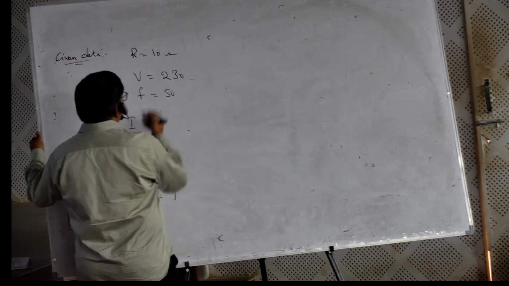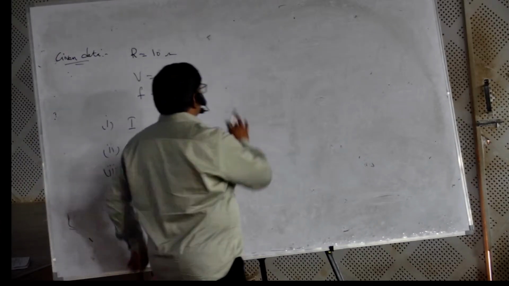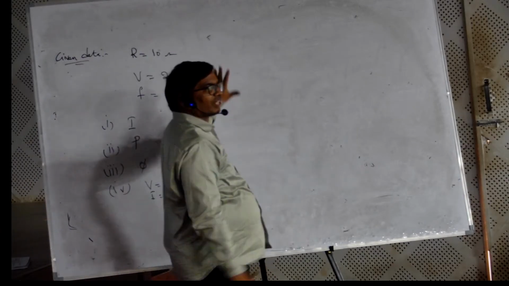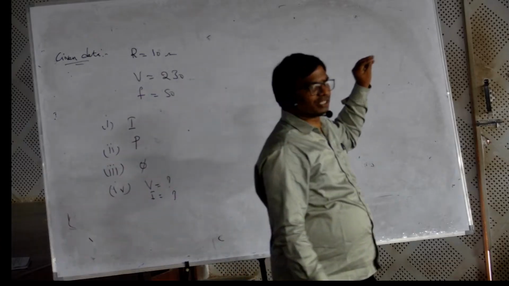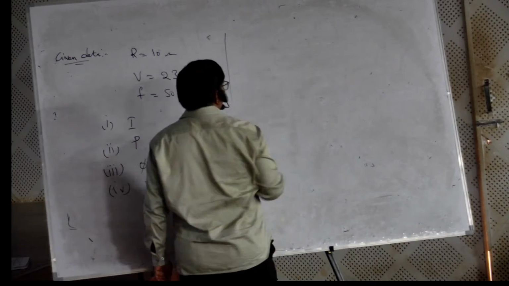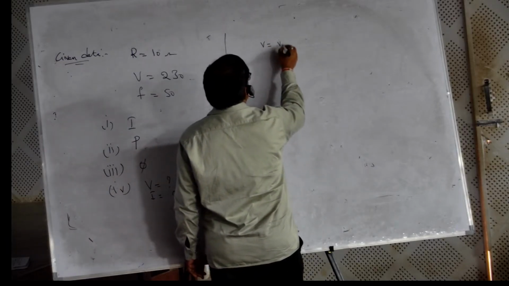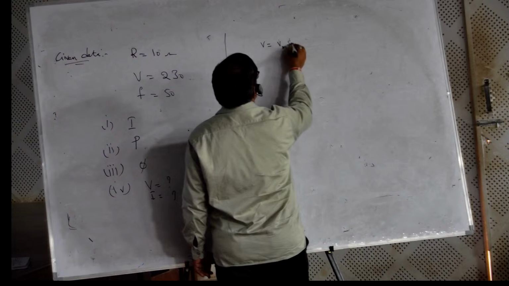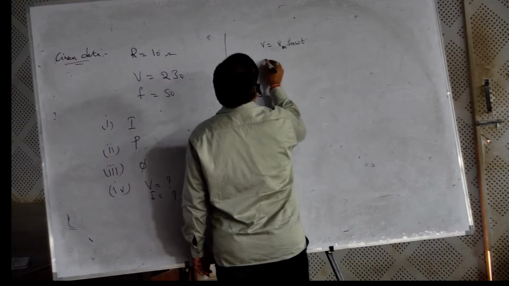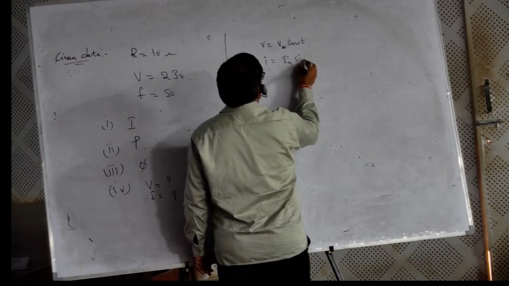So what is the formula with respect to this? When AC is applied to a resistor, what are the formulas you have? Kindly remember those formulas. V is equal to Vm sin omega t. I is equal to Im sin omega t.